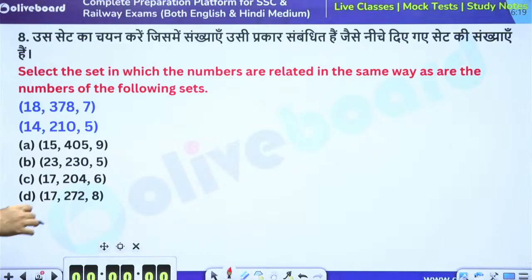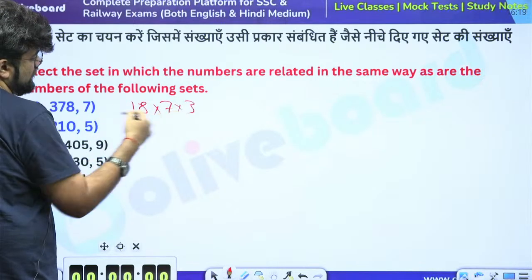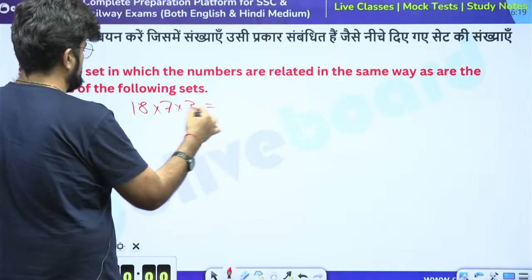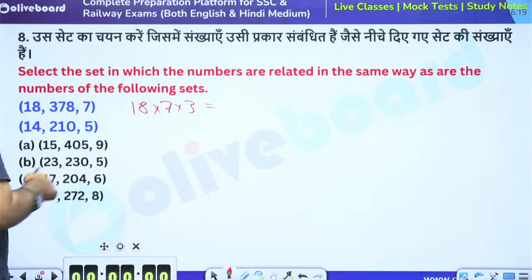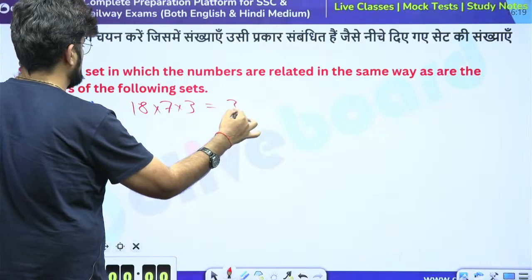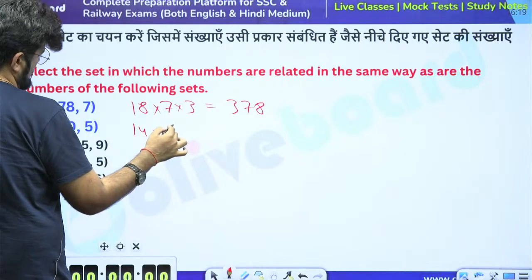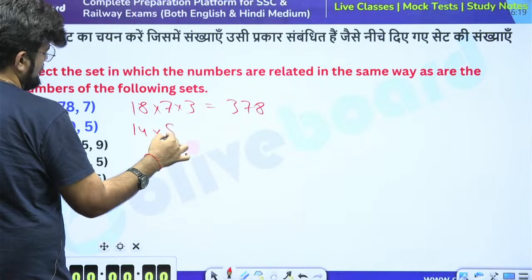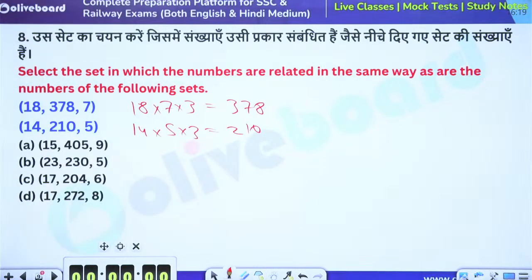21 and 18. Okay, if I just multiply 18 and 7 and 3, what do I get? 18 into 21, so this is 378. And if I multiply 14 and into 14 plus 1, 5 into 3, it's 210. So basically we're just multiplying these two numbers and we are tripling the number.